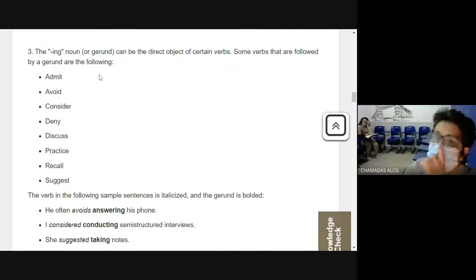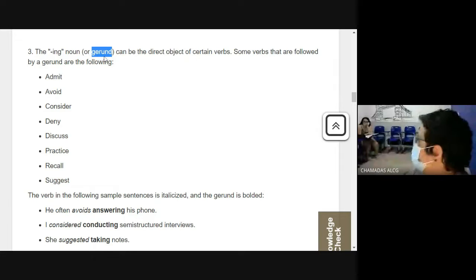Okay, guys, just be careful. Gerund has no relationship with gerúndio in Portuguese. No relationship. Don't mix it up. Okay, guys, this is a false cognate. Be careful, okay?